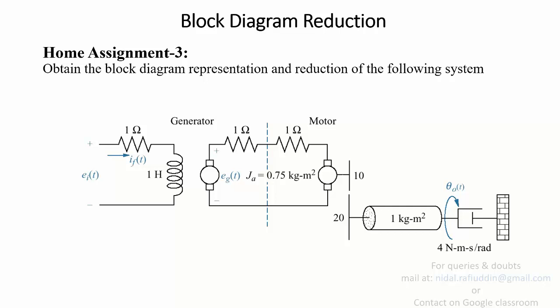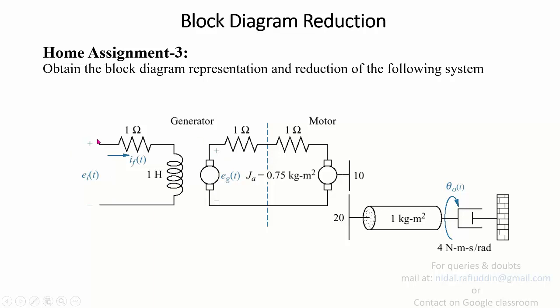If you look at this particular example, you are required to find the block diagram representation of the system and its reduction. You are given a generator on this side, and this is the motor. This is nothing but a DC machine. If you look, you have a field winding here, and the input is given at the field side of the generator, which means this is a field controlled DC machine.